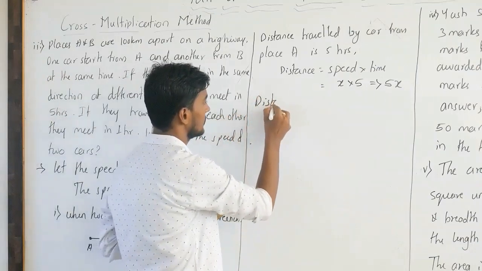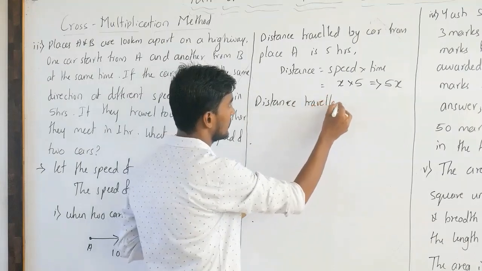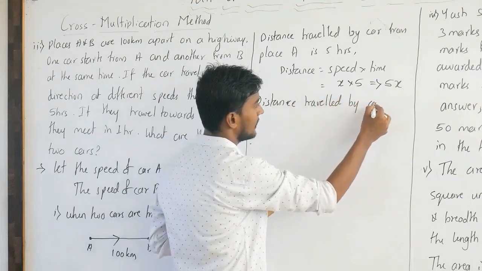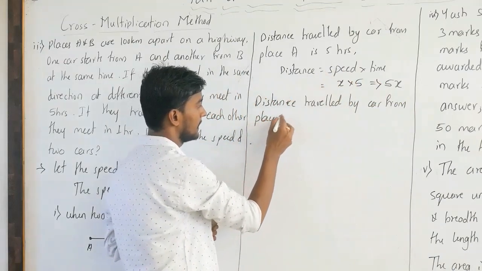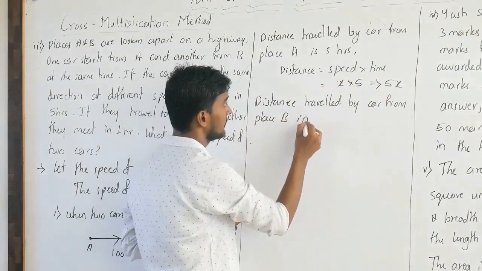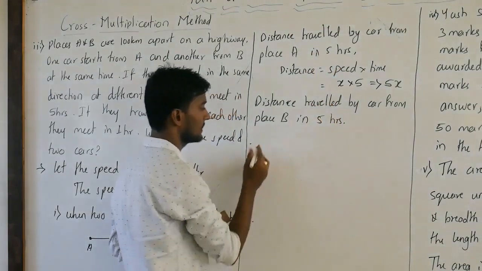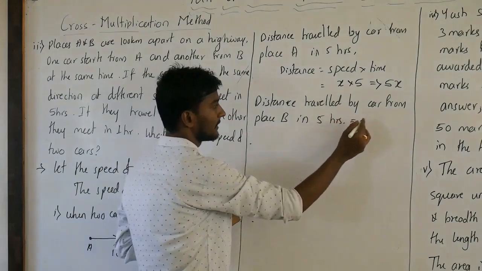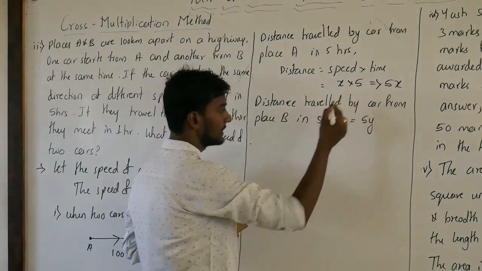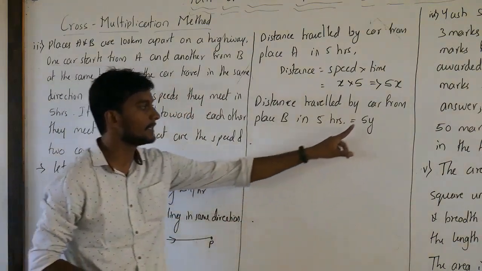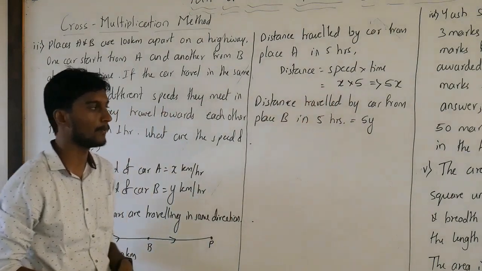The distance traveled by the car from place B in 5 hours is again speed into time. The speed is y and the time is 5, so it is 5y.